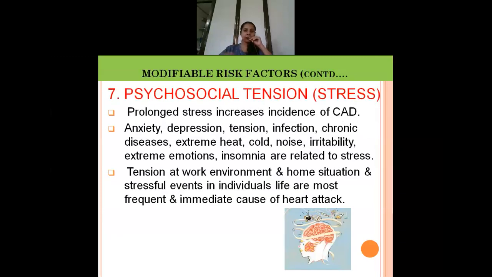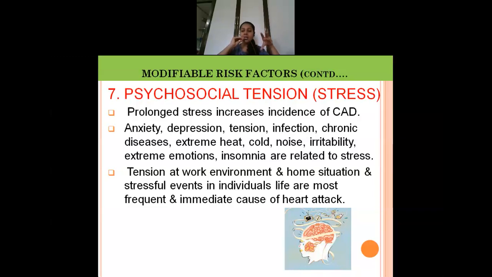Next one is psychosocial tension. We already know that a lot of stress could be stress at your workplace, stress at the house. Stress here does not mean only tension. It could be a lot of anxiety, fear, depression, or if you have got a lot of infections, chronic diseases, or extreme temperatures, very cold or very hot, then excessive noise around the environment, irritability, or lack of sleep.